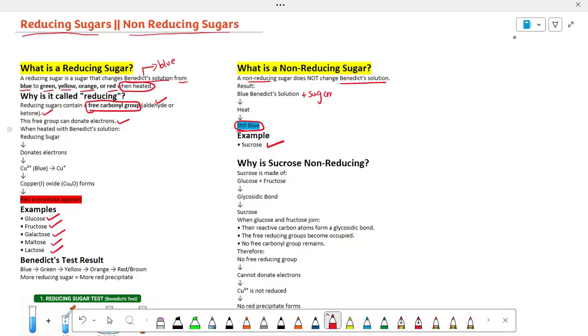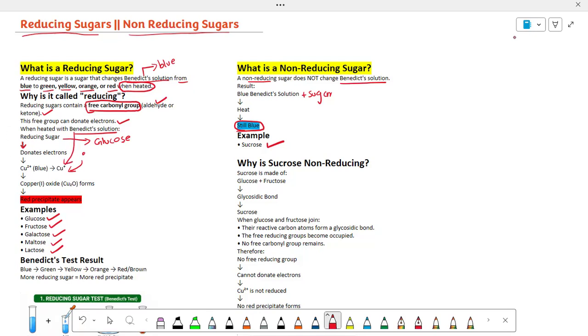So when we heat the Benedict's solution with a reducing sugar, suppose glucose, it donates electrons to the copper. And where does the copper come from? Benedict's solution contains copper.